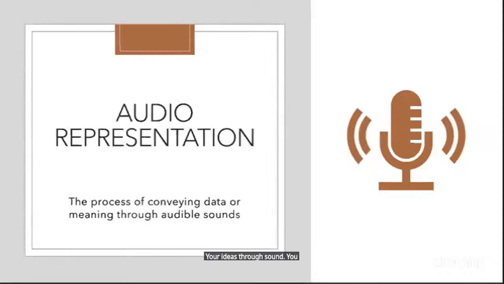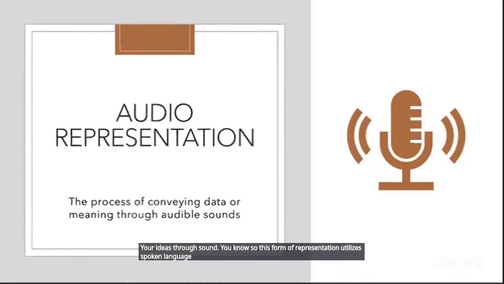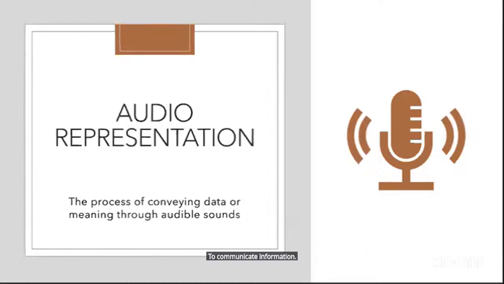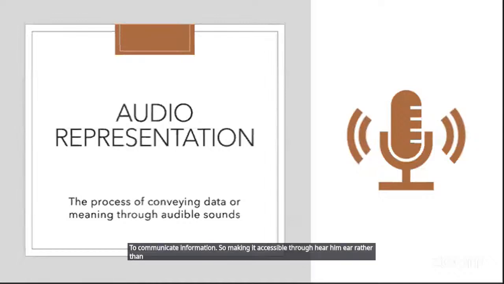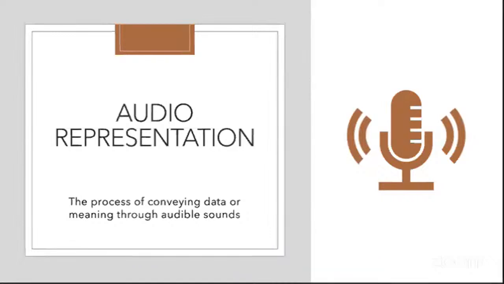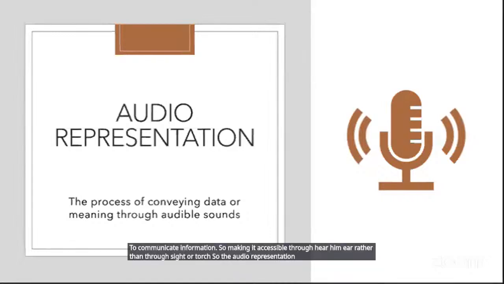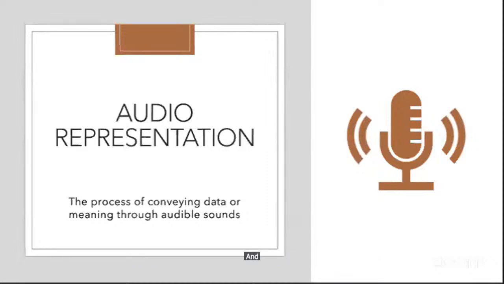So this form of representation utilizes spoken language, music, sound effects, or any other auditory stimuli to communicate information. So making it accessible through hearing, the ear, rather than through sight or touch. So the audio representation is accessible through hearing and not through seeing or through touching.